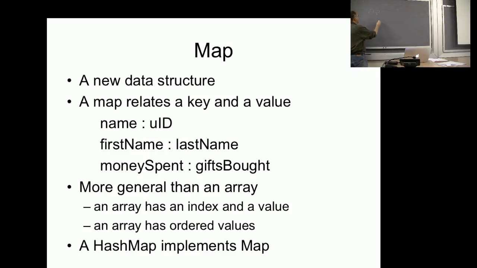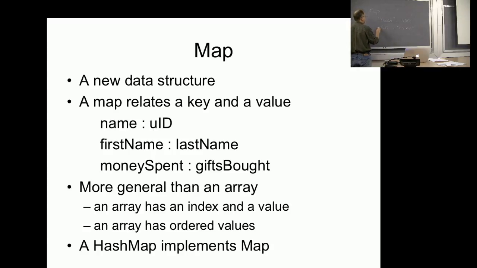So you could have a map holding a string and a value, like a UID or something like that. It could also hold a number and a string. So it holds these pairs of things.